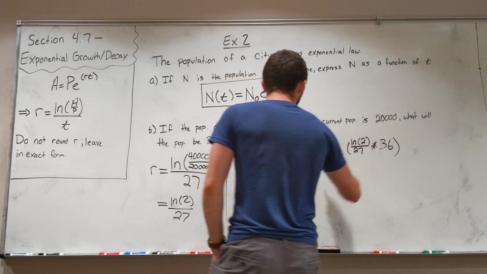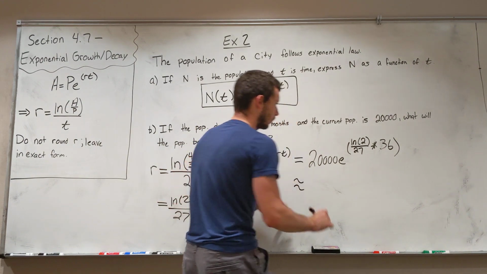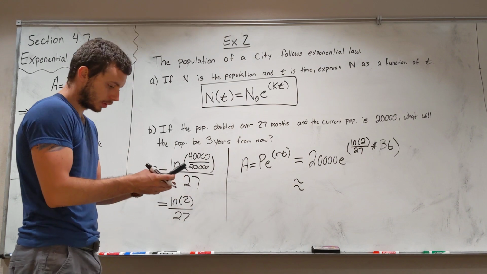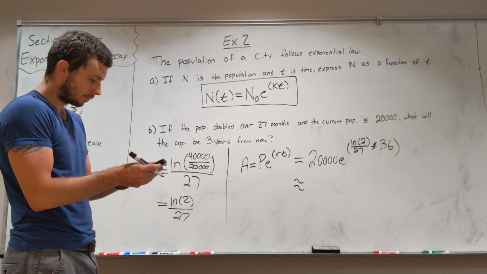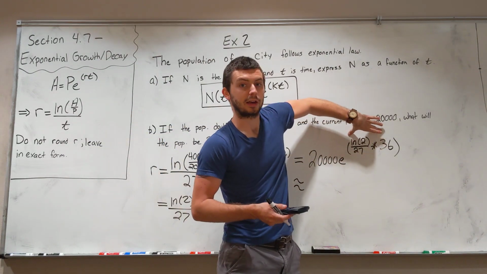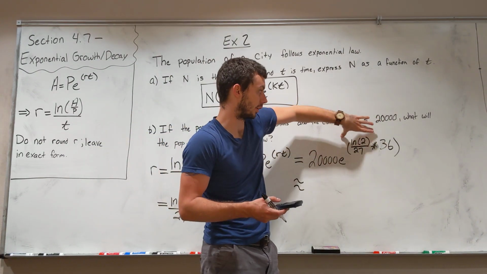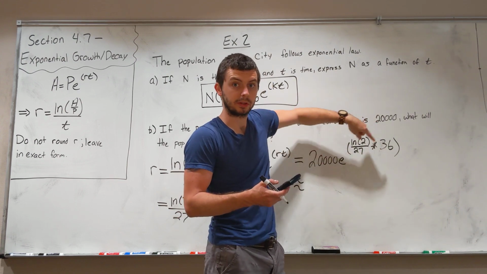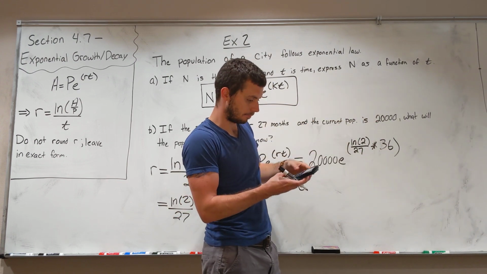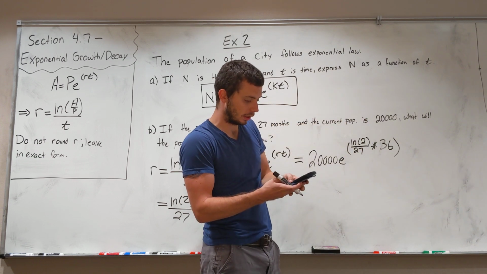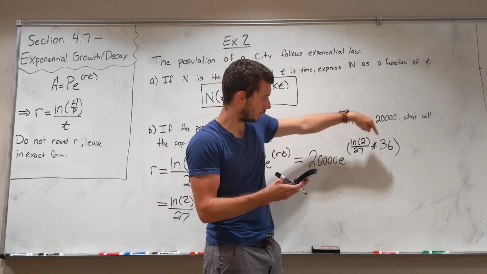Once you figure all of that out, all you have to do is plug all of this in your calculator. So 20,000 e raised to, and by having the parentheses set out exactly like this, if you follow all the parentheses I have here, open parenthesis, put the ln 2, close parenthesis, divided by 27 times 36, close parenthesis.